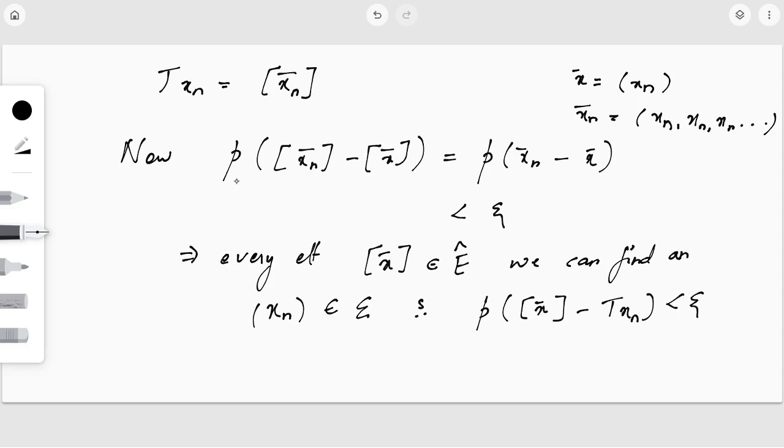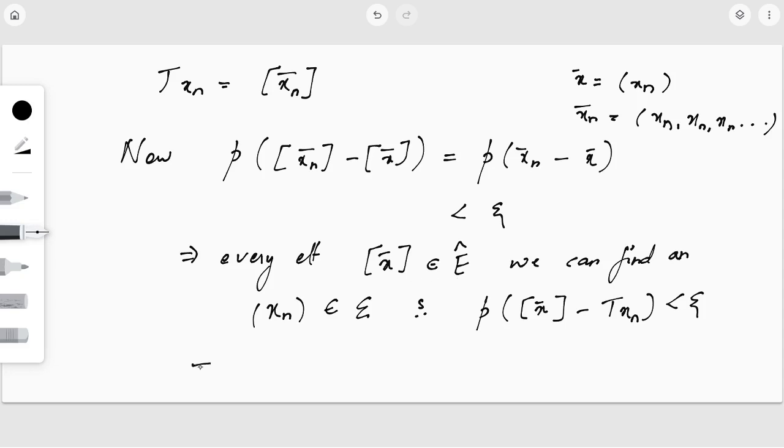So we have shown that P of xn bar minus x bar is less than epsilon. So for every coset x bar belonging to E cap, we can find an element xn belonging to script T such that the distance between Txn, that is the coset xn bar, and the coset x bar is always less than epsilon.